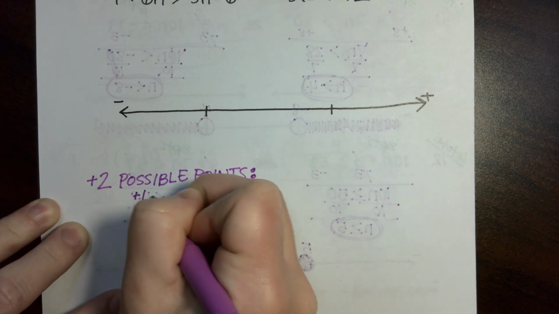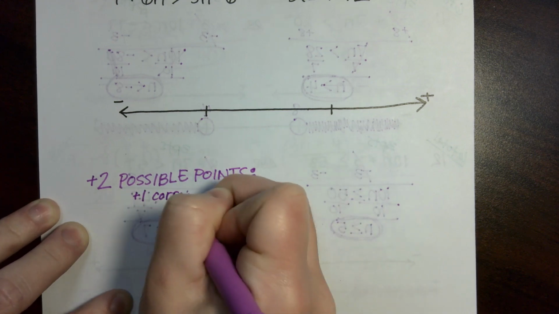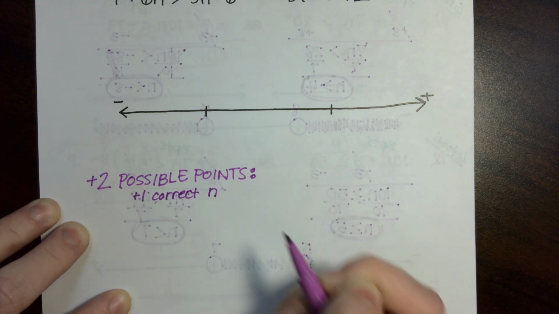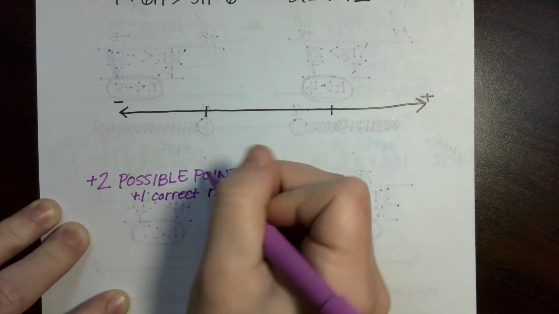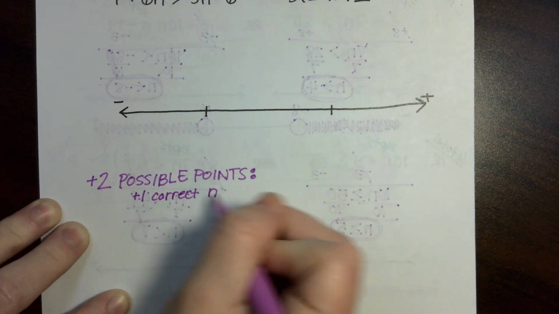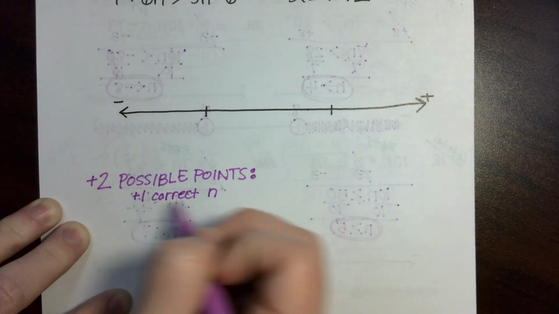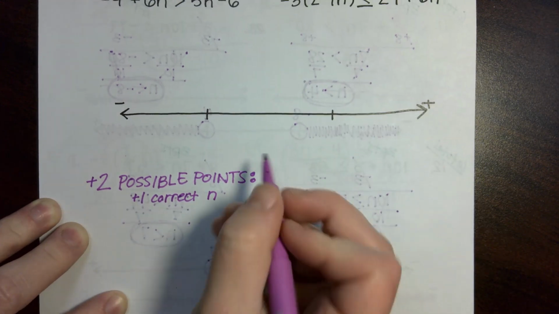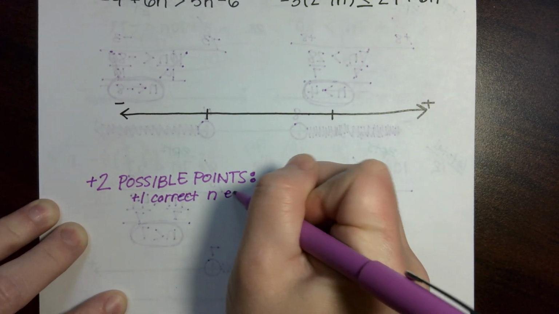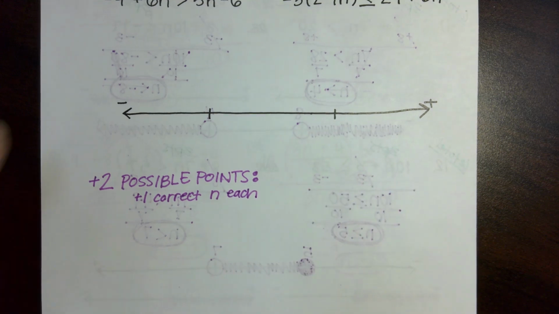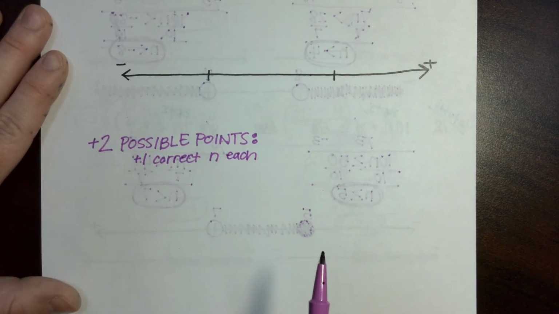So the 1 is the correct n for the first inequality, and then the other plus 1 is the correct n for the second inequality. So that's 2 possible points just for getting both answers right.